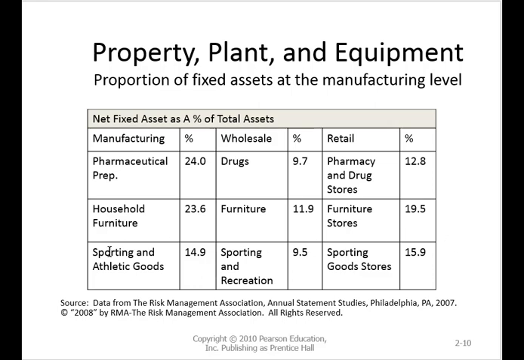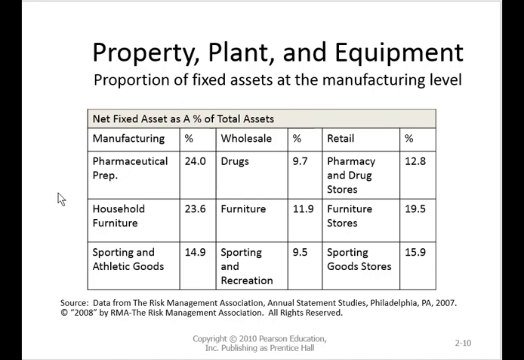So as you can see, different industries may have different percentages of plant and equipment. Now, is this a choice of the company, or is this a function of the industry you choose? The amount of plant and equipment you have, to a great extent, is chosen by the industry that you're in.